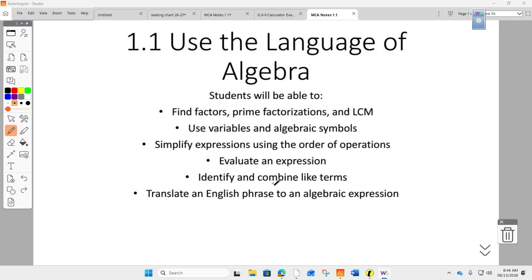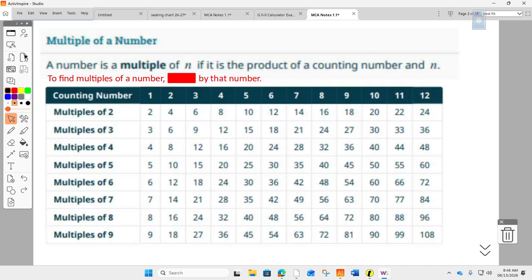Okay, so we're going to go ahead and get started. All right. So most of the questions that I want you to fill in your notes have a red box. I might add a few things in the margin or around, and we'll ask you to do that as well.